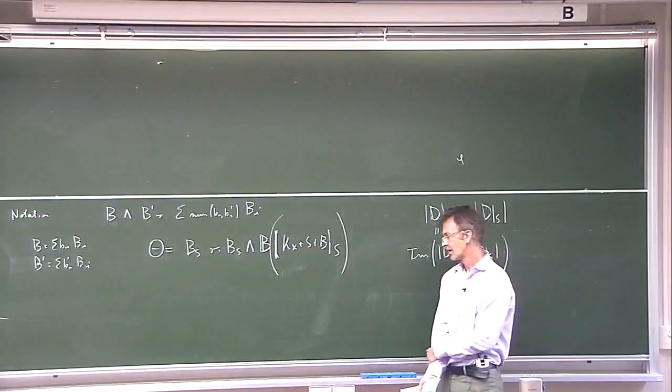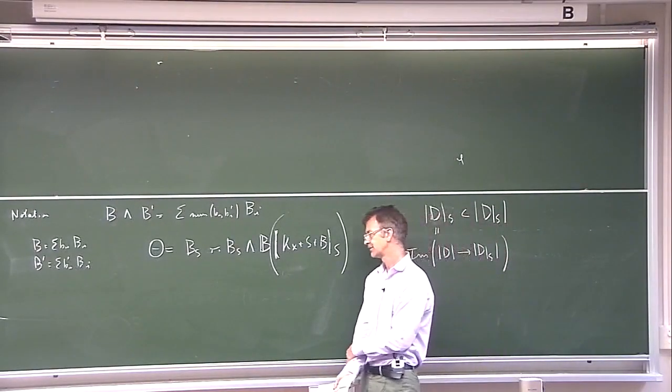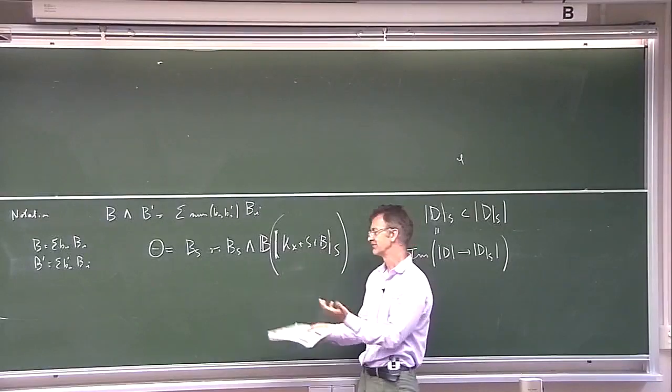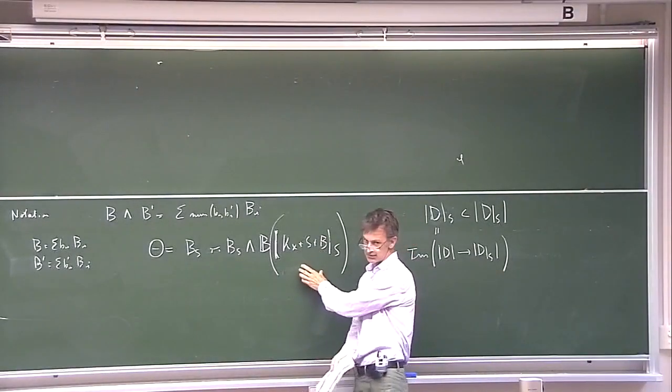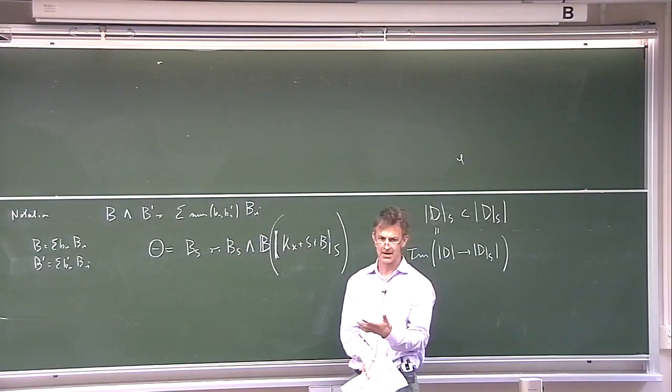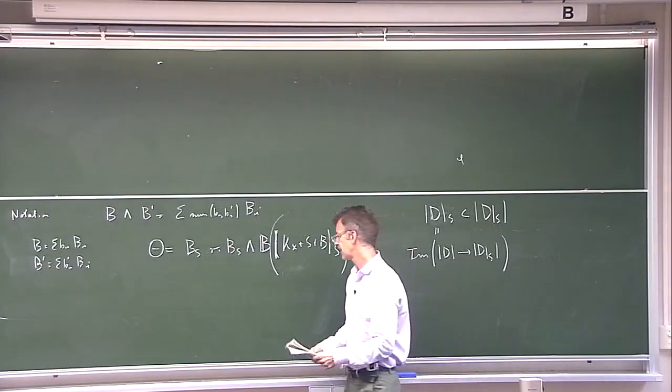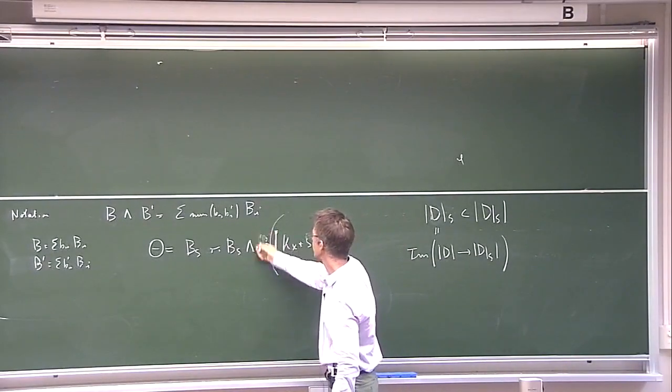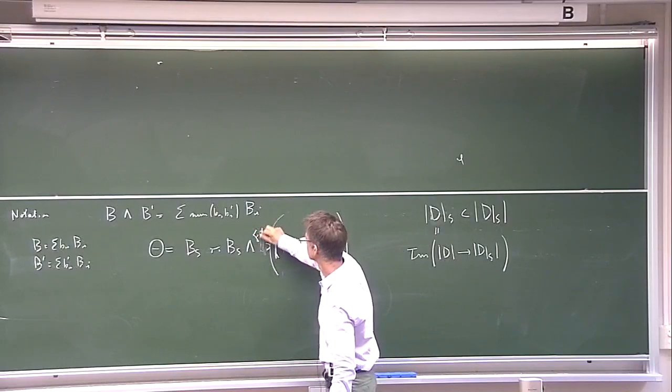Okay, this is shorthand for something. When you have a linear series, you can determine the coefficients just by taking the minimum along all elements of that linear series of the multiplicity along a certain divisor. So really, maybe you would be happier if I wrote this here.